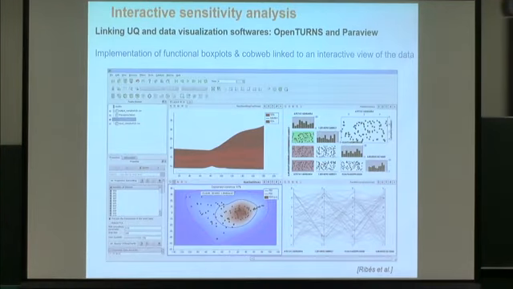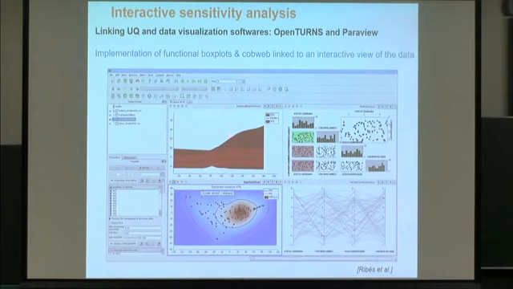Now in ParaView, we have tried to link this visualization software with our uncertainty quantification software, OpenTURNS. We try to use some functionality of OpenTURNS in ParaView to make uncertainty quantification analyses, using the methods of uncertainty analysis useful to compute, for example, the functional box plots.